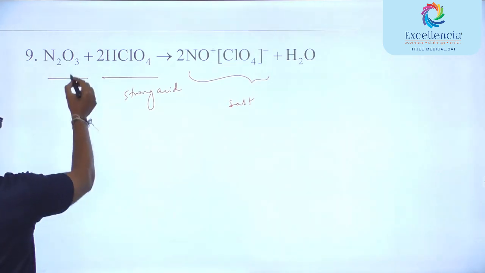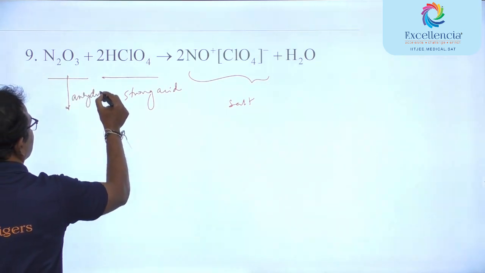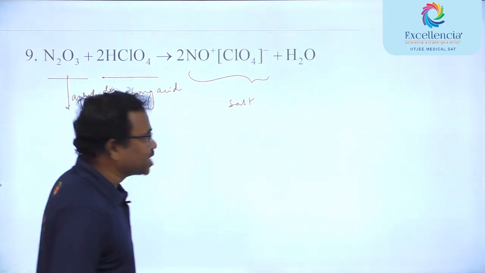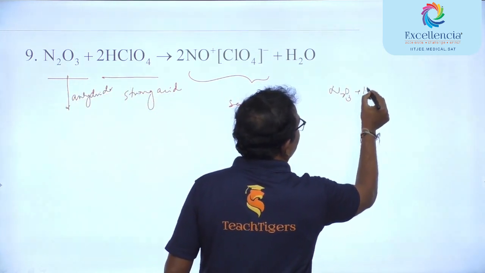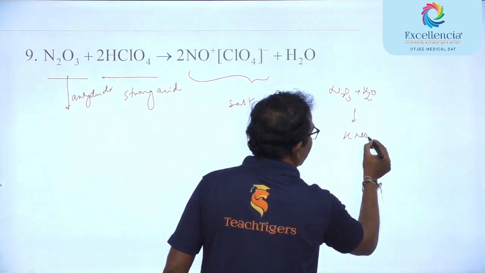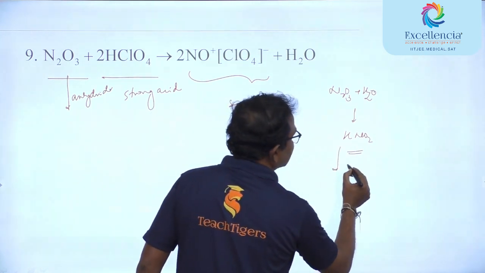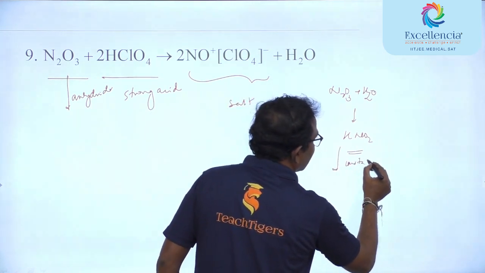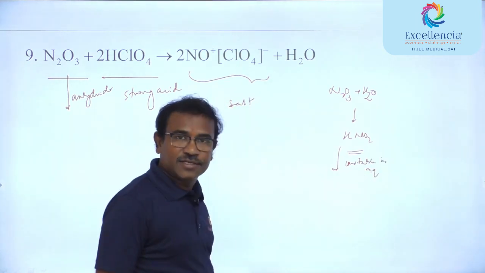Alright, and here we know this is an anhydride. We learned in the last class also, nitrogen trioxide is an anhydride, means in aqueous phase it gives nitrous acid, HNO2. But what you have to know is HNO2 is unstable in aqueous medium because of thermodynamic reasons.